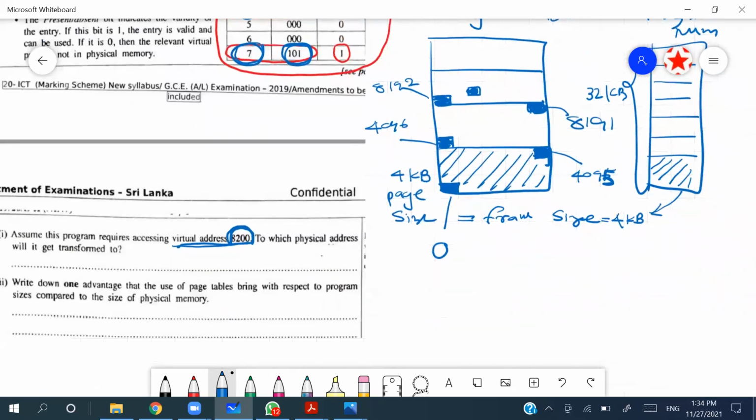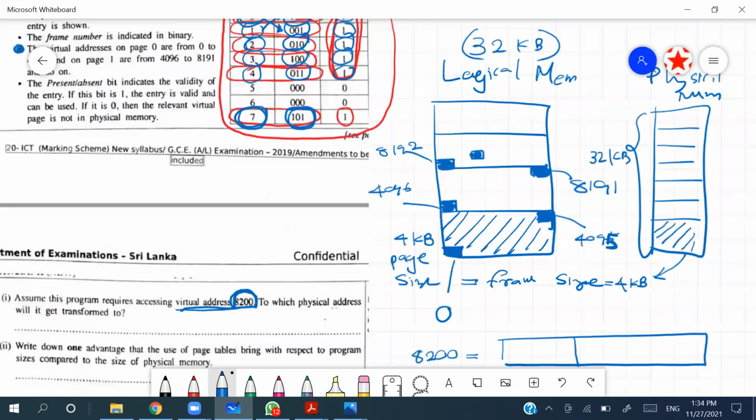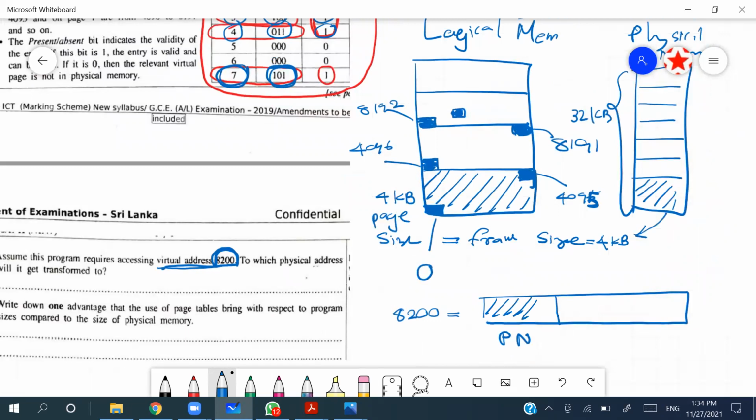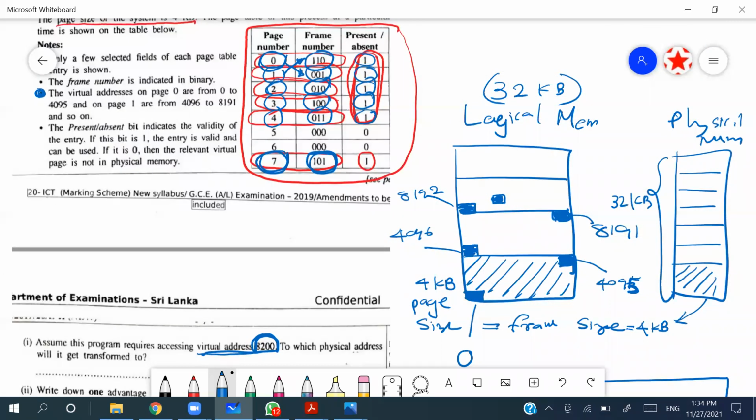Right? So what you have to do is figure out the binary pattern of 8200, and figure out how many bits there are for the page number in the logical address. Then from the page table, match that page number part with the corresponding frame number part.